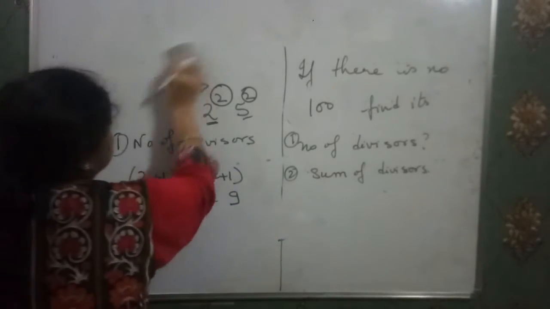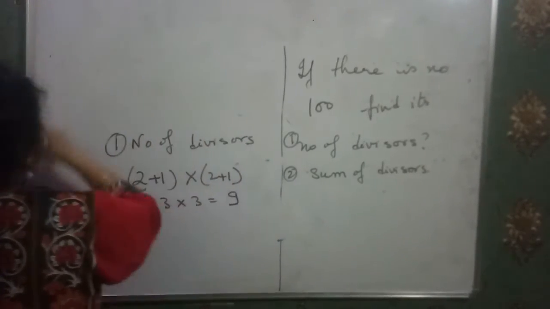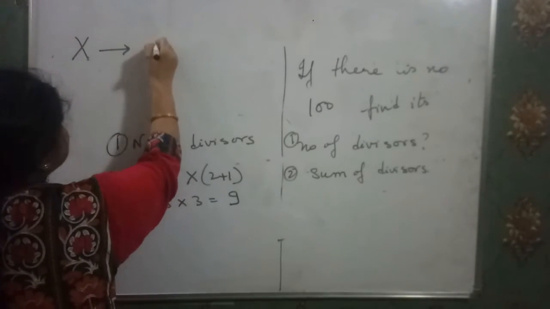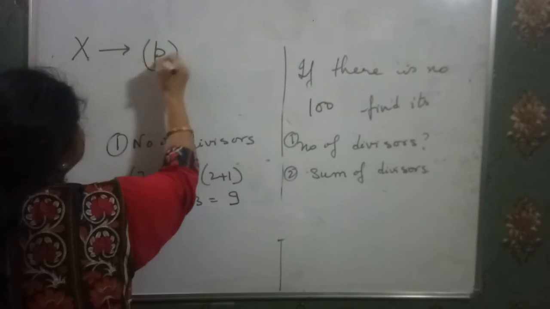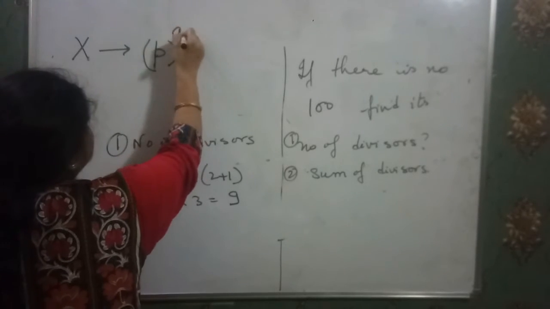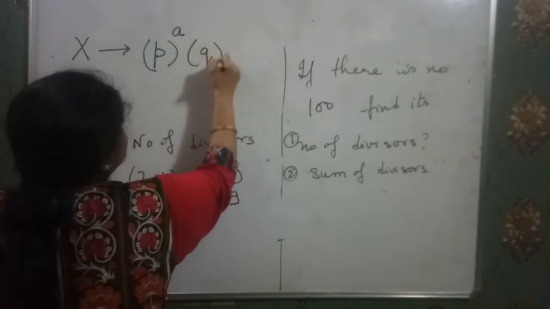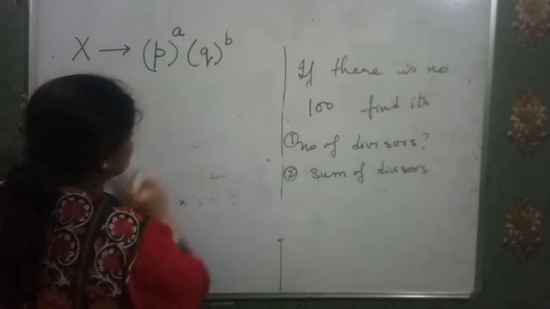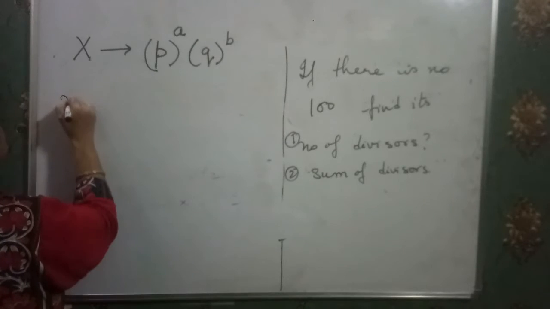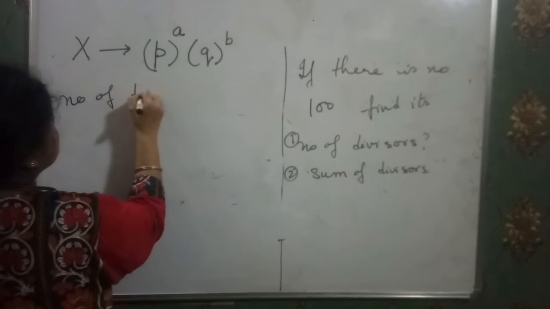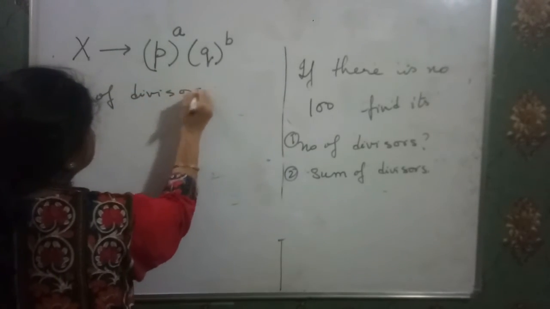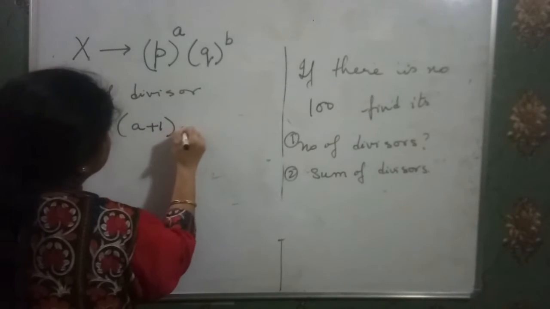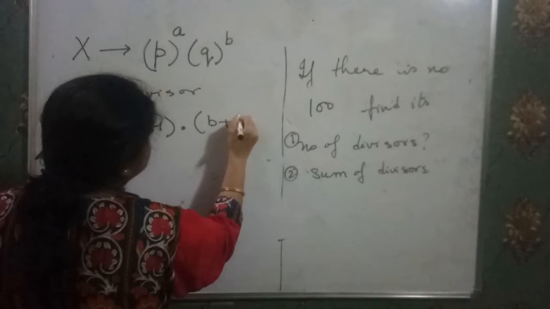I just generalize the formula. That means, for example, we have a number x and it can be prime factorized as p to the power a, q to the power b. Clear? So the number of divisors becomes a plus 1 into b plus 1.